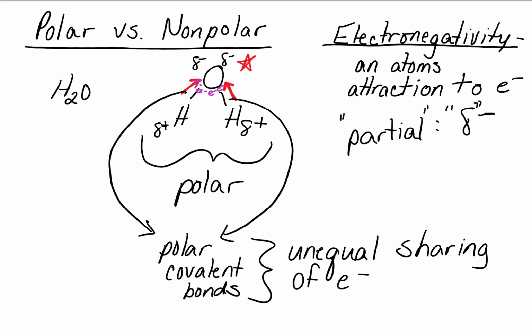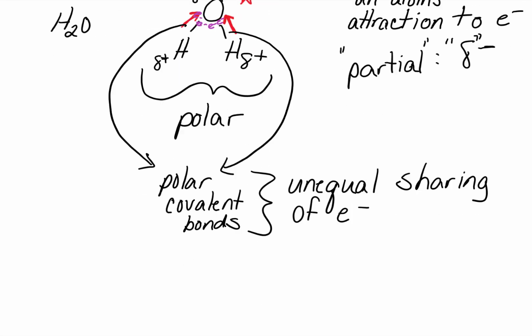And because the shared pair of electrons are shared unequally, this creates polarity, a partially negative charge associated with one of the atoms sharing that pair of electrons, and a partial positive charge on the other atom in the covalent bond. Now, whenever you have an oxygen that is covalently bonded to a hydrogen, because the oxygen has a higher electronegativity than hydrogen, it is always going to form a polar covalent bond.